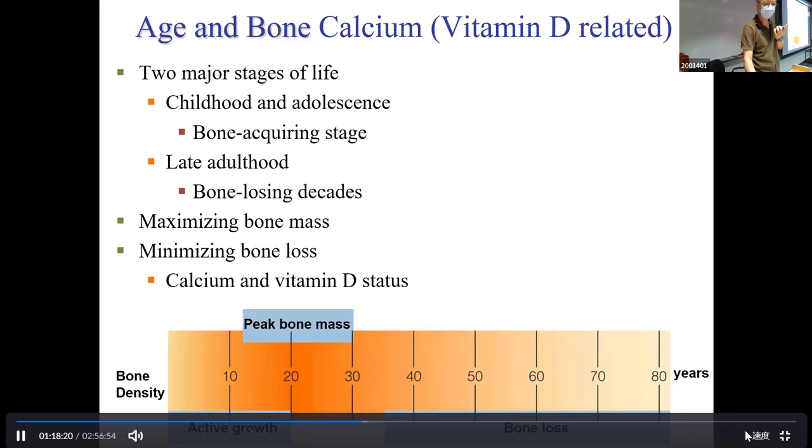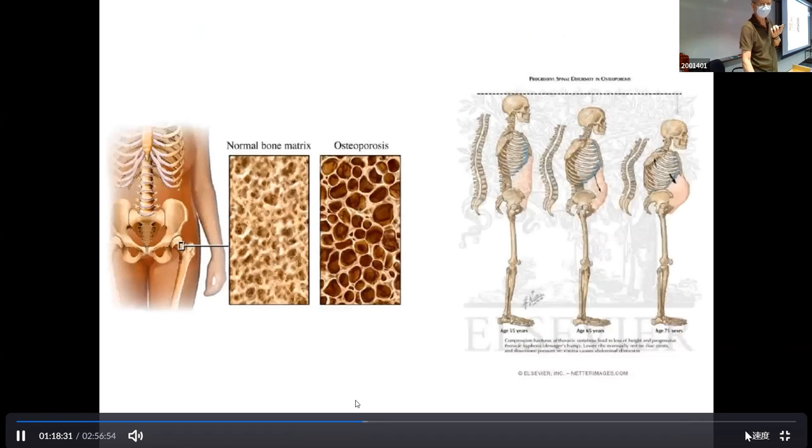During the active period, you lay down bone, and then there is a more or less balancing stage, and then you have a bone losing stage. Osteoporosis refers to the disappearance of the bone mineral material, including the calcium, so you have the so-called porous bone, and individuals will also have shortening of their height due to the weakening and pressing of the spine.